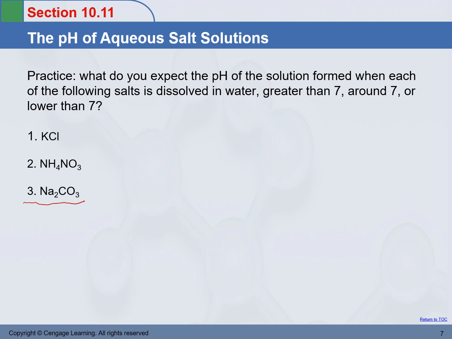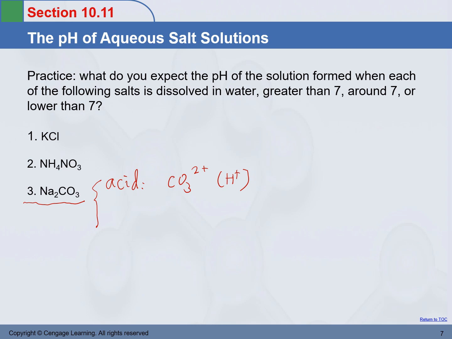So again, in order to do that, we need to know from what acid and what base this salt is prepared. So to figure out the acid parent, you need to take the negative ion, keep adding protons to it till it is neutral. No, I'm sorry.